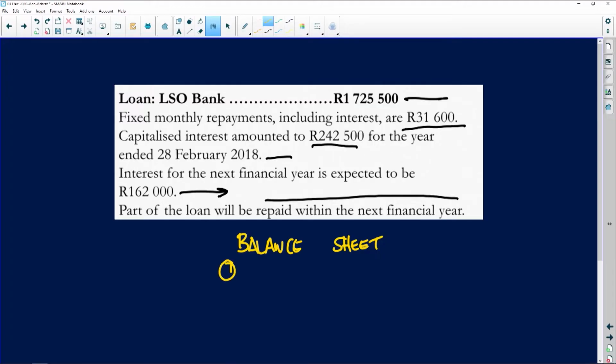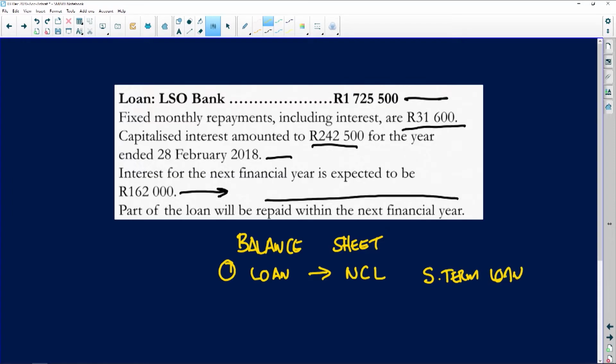Before tomorrow, when you're walking in, you should know. Number one, in your balance sheet, separate your loan into two components. What are the two components of the loan? Your non-current liability and your short-term loan, right?